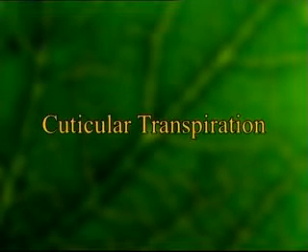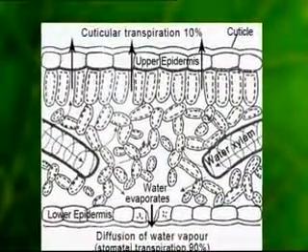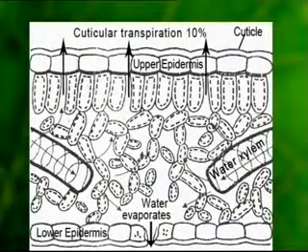Cuticular transpiration. The epidermal cells are mostly cutinized, that is, cutin is impregnated in the outer cellulosic cell wall. Some transpiration, approximately up to 10%, takes place by the direct evaporation of water from the outer walls of epidermal cells.